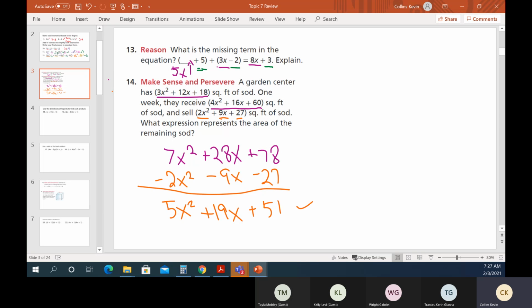Obviously in the real world you'd say, okay, we got so many tons of sod. We received this many tons more of sod. We sold this many tons of sod. We have this much left. But they're doing it with variables because this is algebra class. But again, pretty easy. The whole thing is just being able to read this thing and say, okay, I have to add the first two polynomials together, and then I need to subtract the last guy off.